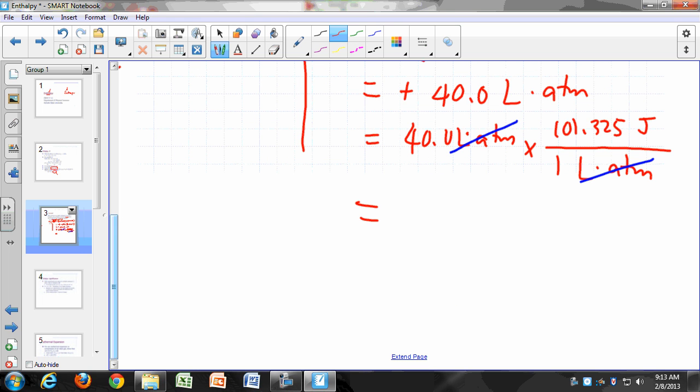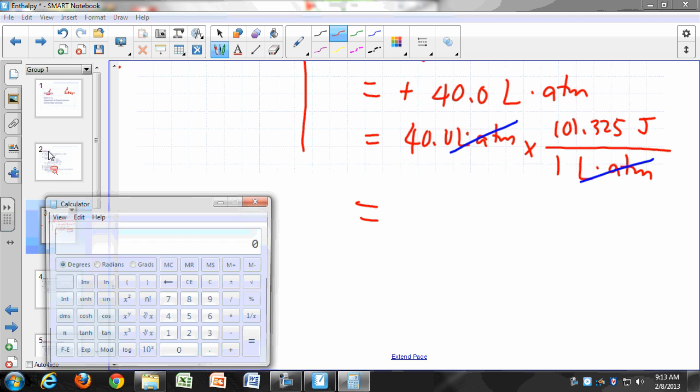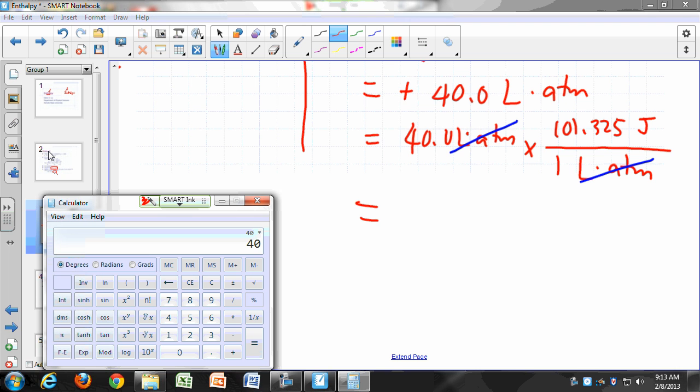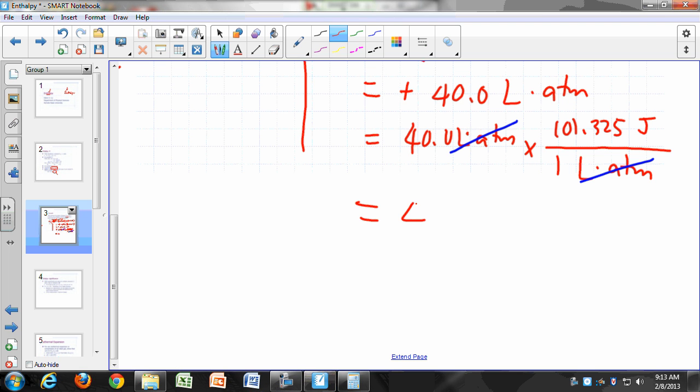This gives you 40 times 101.325, which is 4053 joules. 3 sig figs, right?